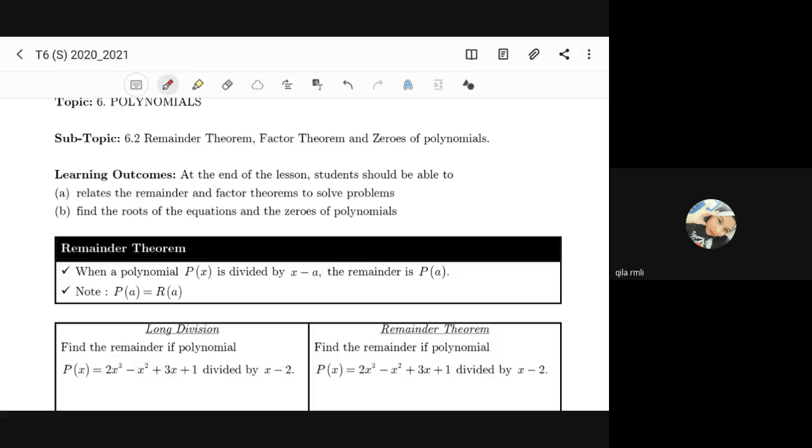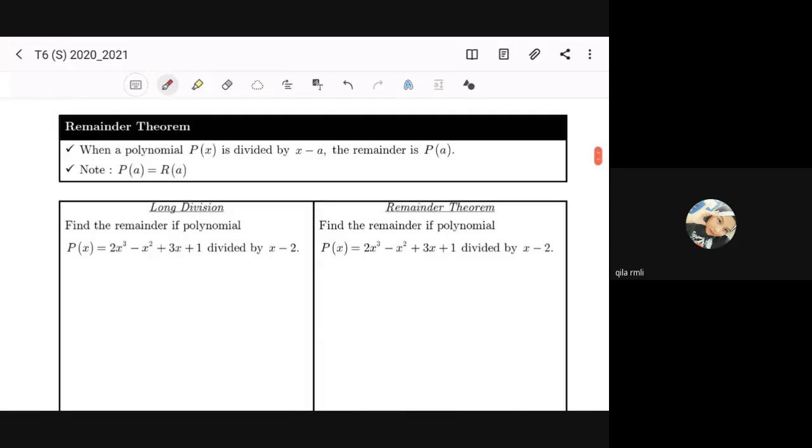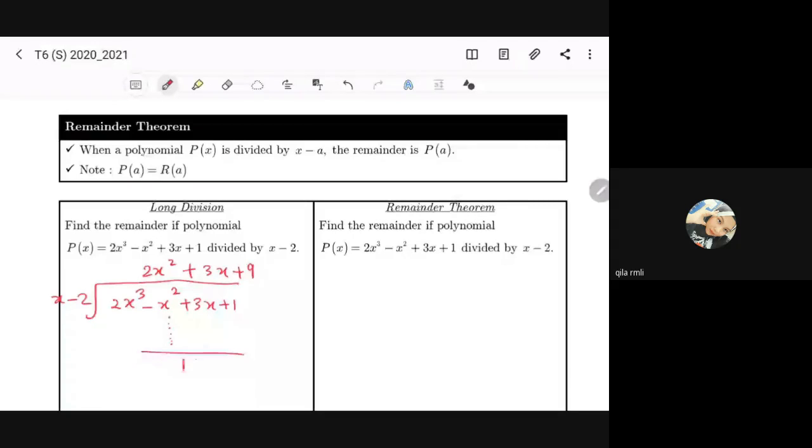Okay, so from the long division, if you try to use long division here, x cubed minus x squared plus 3x plus 1, you divide by x minus 2, okay, and then you calculate one by one, and then subtract, you will get, okay, the quotient is x squared plus x plus 5, and with all the calculation, you will get 19.